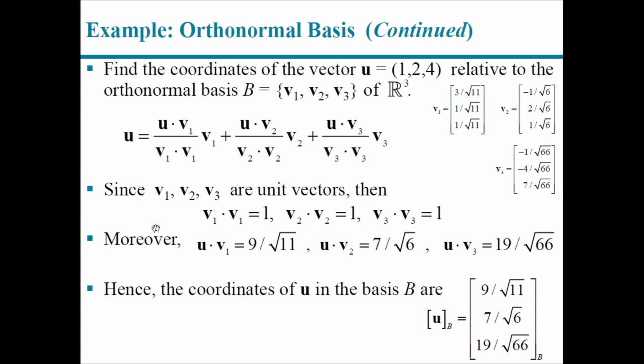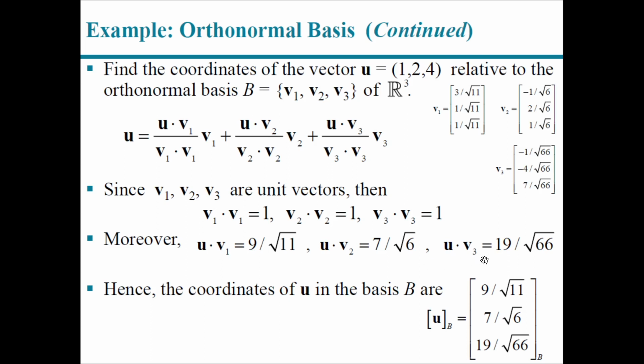So let's compute them. Well, since these vectors v1, v2, v3 are unit vectors, then these dot products in the denominator are all equal to 1, obviously. So let's compute the dot products in the numerator. So U dot product v1. We compute, we get this number here. U dot product v2, we get this number.